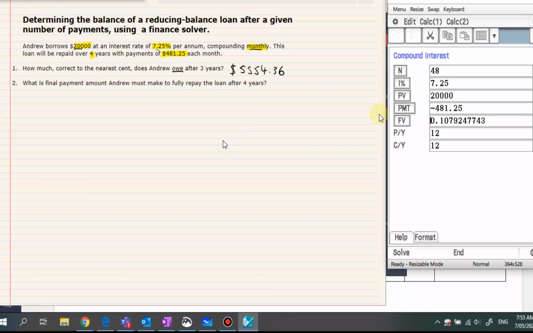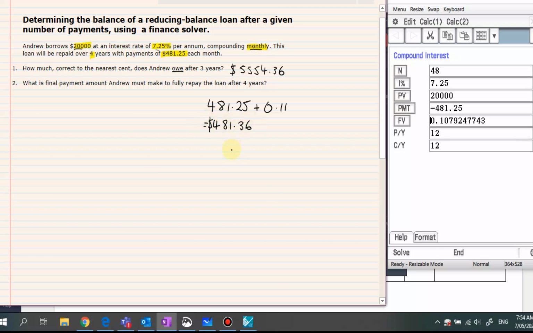So if he's got 11 cents left over, then his last repayment will have to be that much plus the 11 cents left over. So on that last repayment, he's not left with any outstanding balance. So if you want to show your working out, 481.25 plus 11 cents is equal to 481.36.